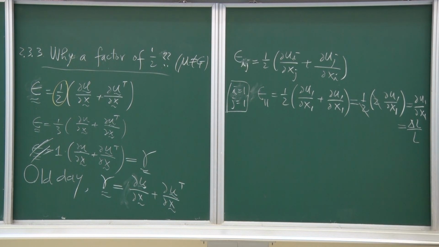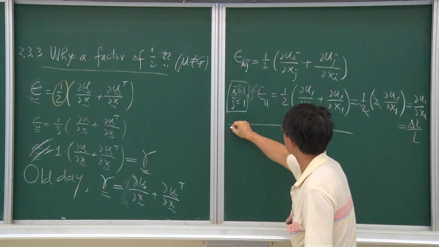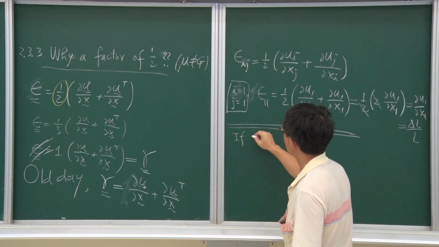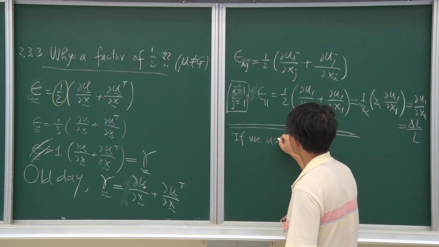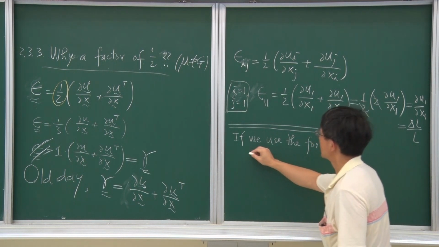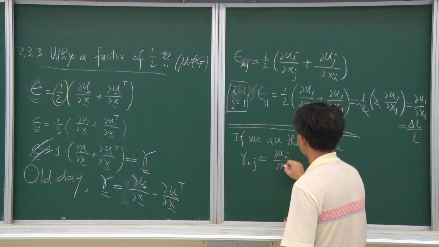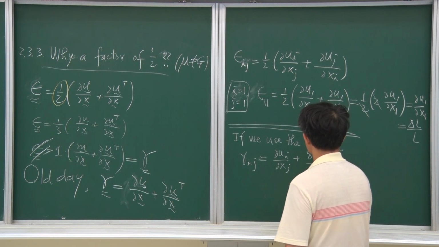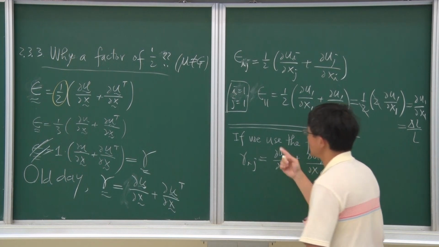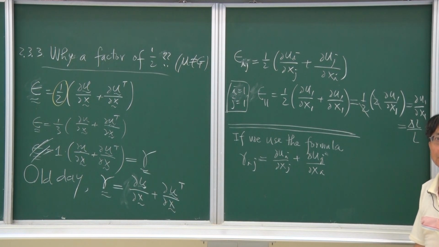So remember, if we use the formula like this, gamma ij equal to, then we will have a very weird result. Not very natural.